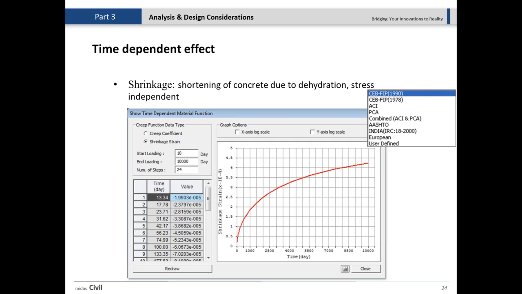Therefore, maintaining those post-tensioning forces that we apply is pretty important. Effects like creep and shrinkage cause a reduction in the level of the post-tensioning forces. So this is definitely important for us, and as you can see, these are time dependent.